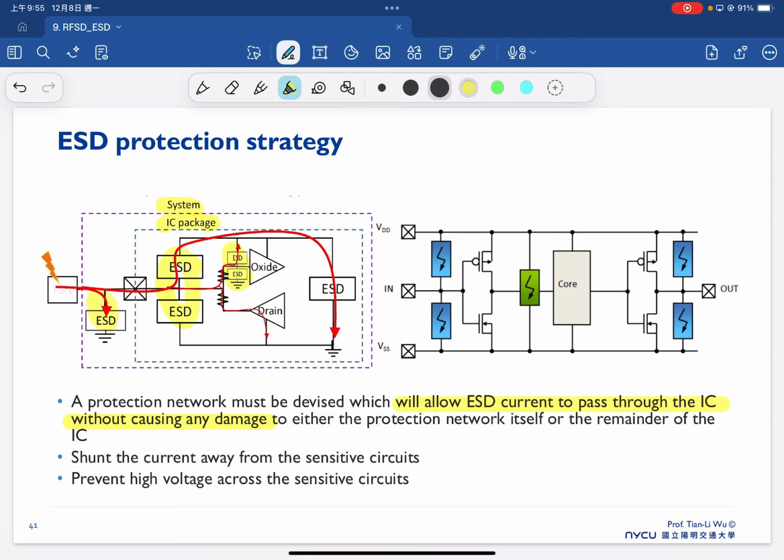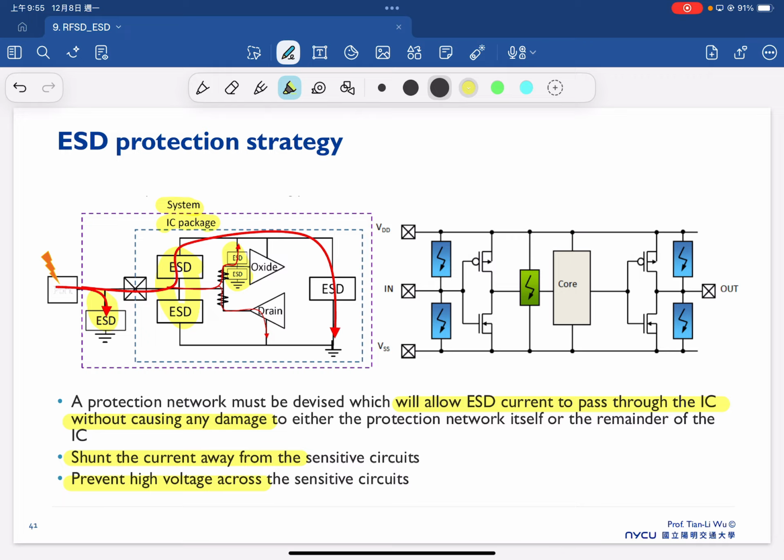Therefore, the idea is that we will try to shunt the current away from the sensitive circuit, and also prevent the high voltage across the sensitive circuit.